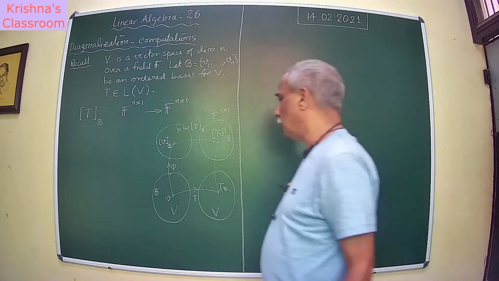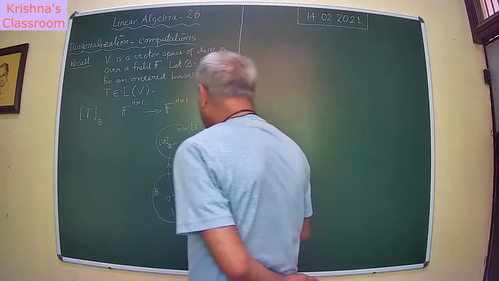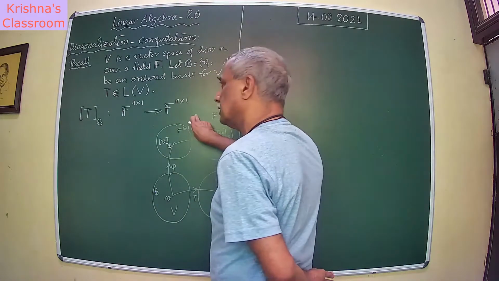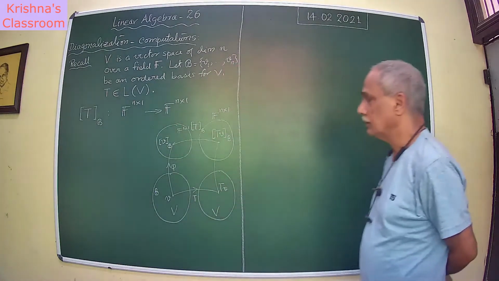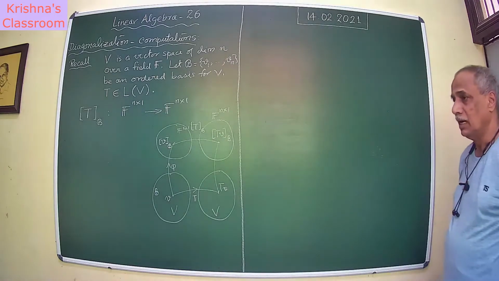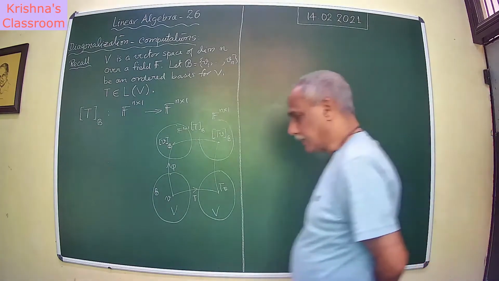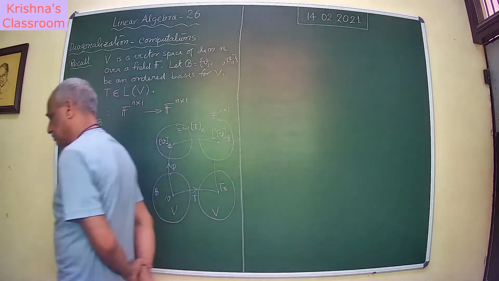We have also observed that both T and the matrix TB have the same set of eigenvalues.